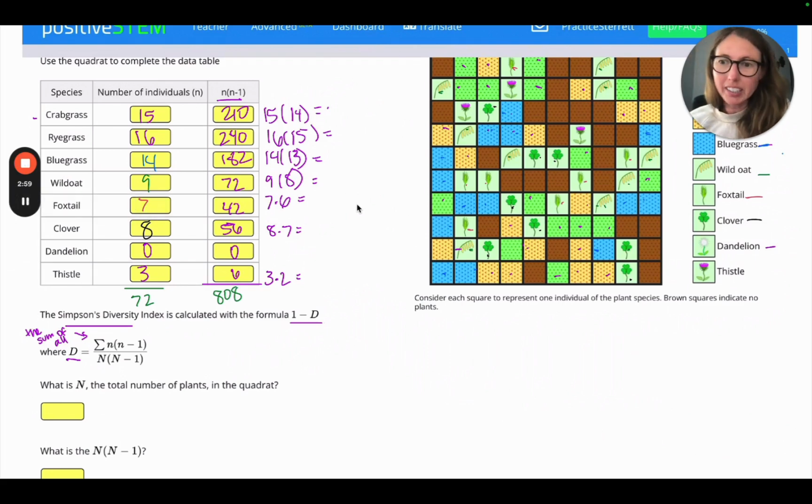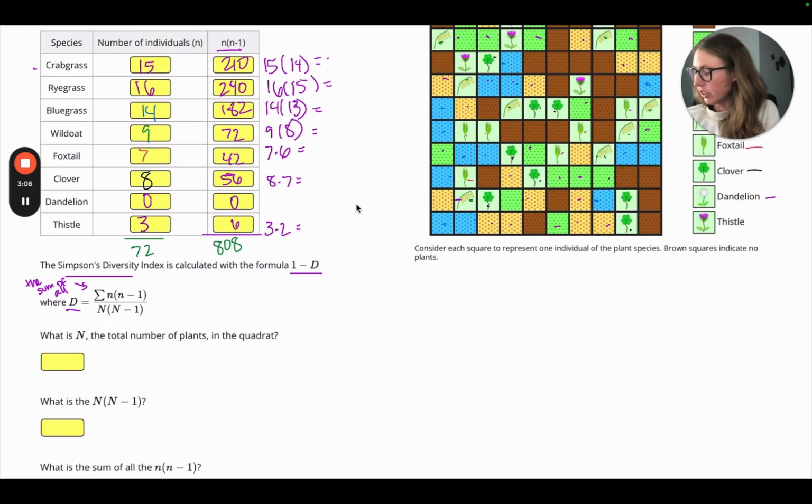Okay, so I went ahead and added up everything from that first column and then everything from that second column separately, because we're going to need both of those numbers. When it asks for what is n, the total number of plants in the quadrat, that is this number. So that's the total number of all the plants.